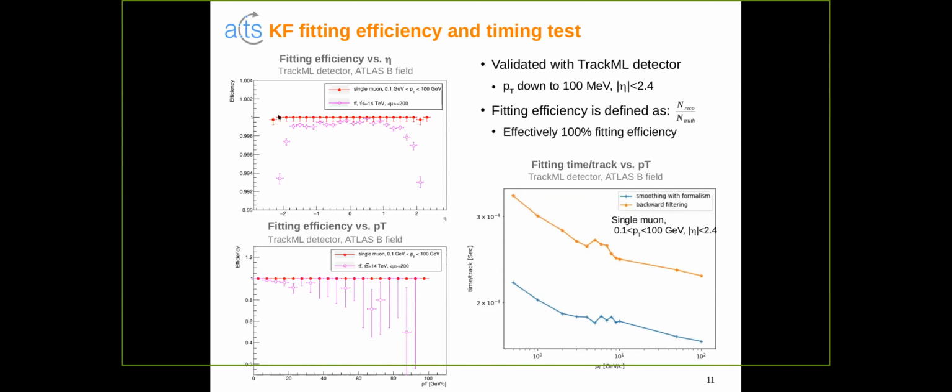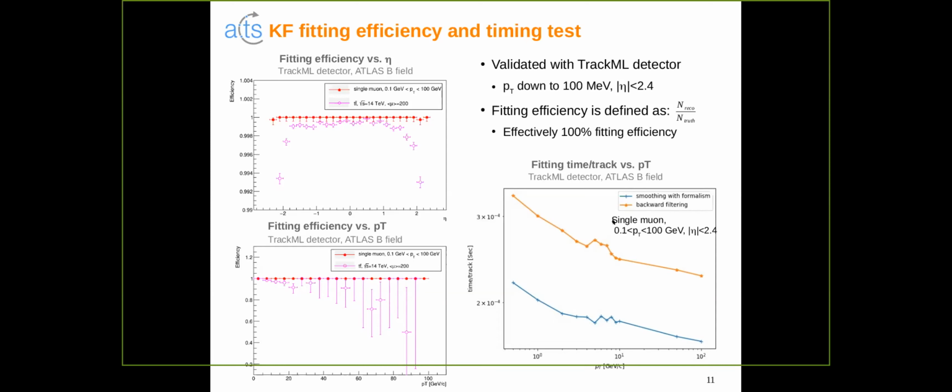So as we can see with the red dot here, which is the result with the single muon, we have effectively 100% efficiency. And this pink dot here is for the ttbar results. We see some efficiency loss. This is because of the impact parameter smearing. The resolution can get much worse for the ttbar events.